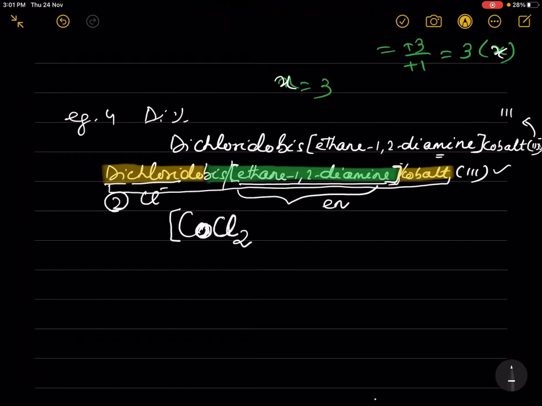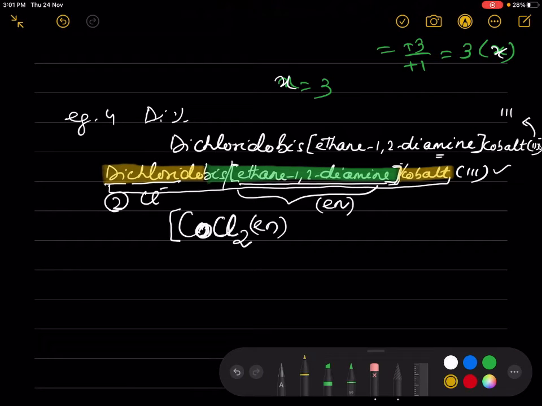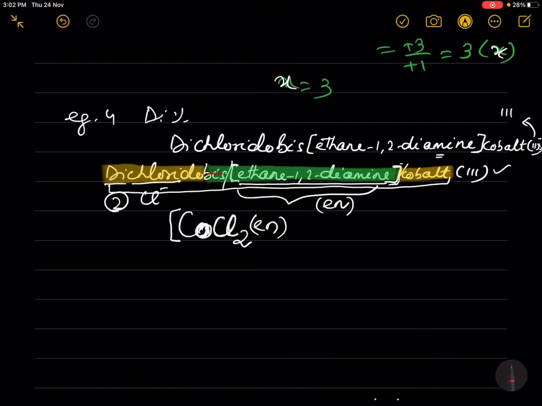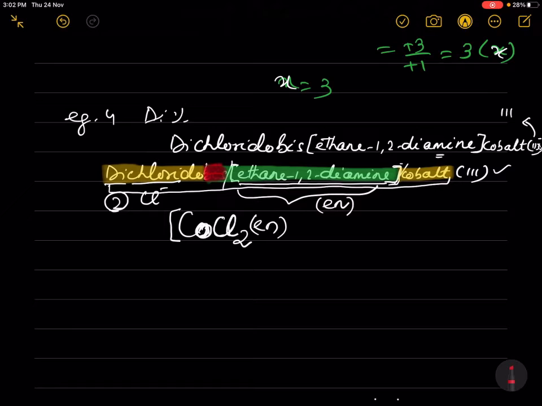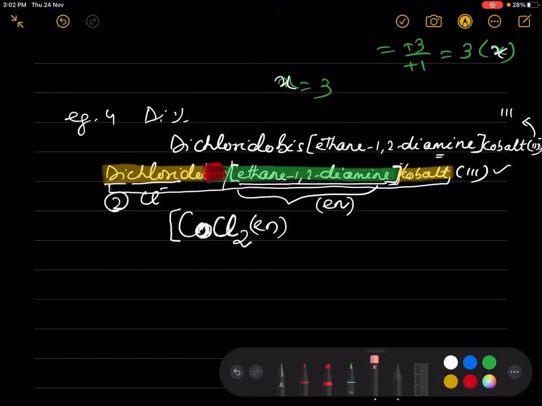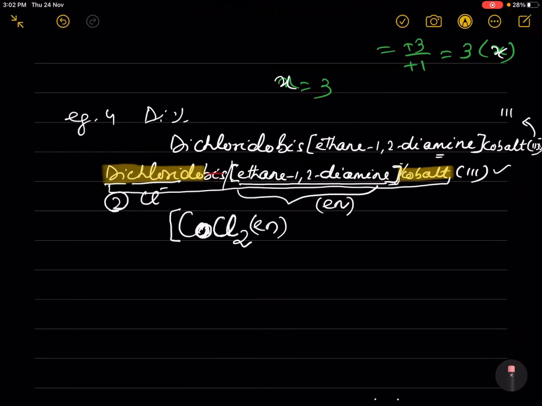And it should be written in parenthesis. I have written en, but you see bis is there. What is that? Bis means two.